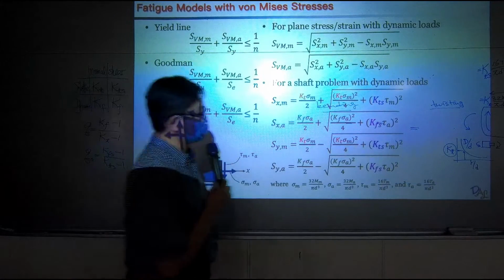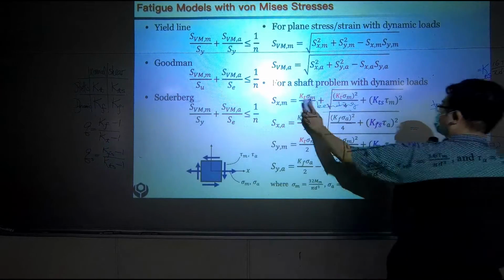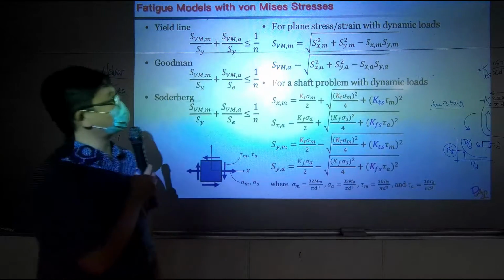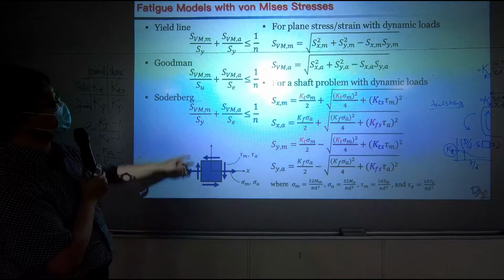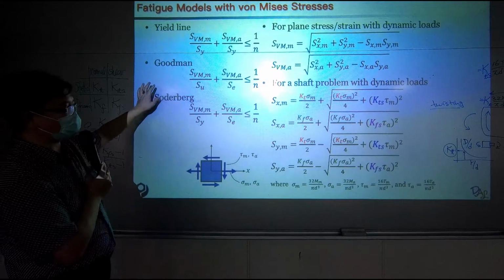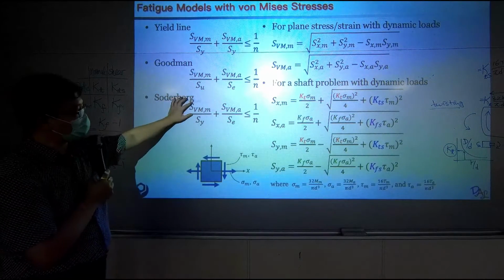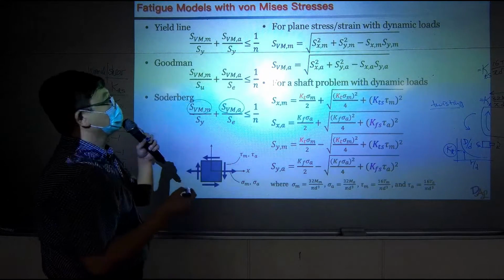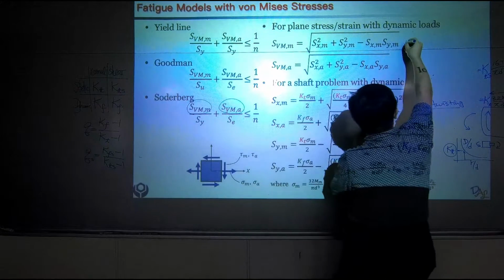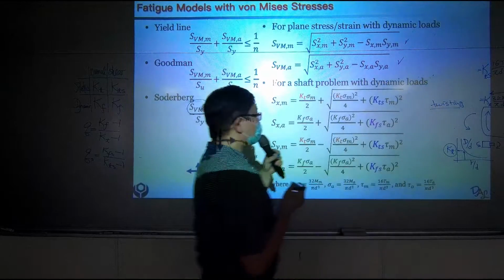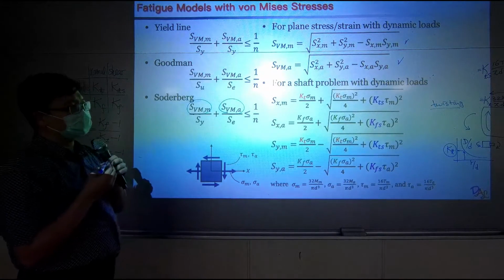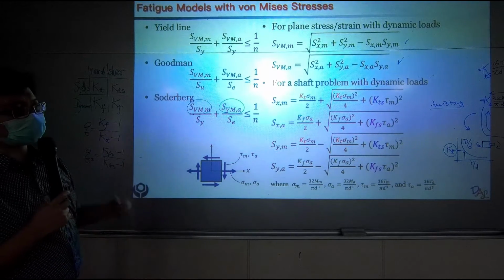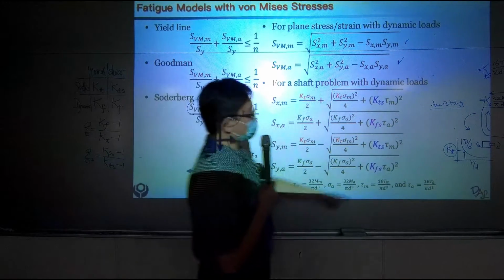How about fatigue? For fatigue problems, those are our fatigue models. And we said we apply von Mises stresses. Those are the von Mises stress equations. But now we are dealing with possibilities of greater stresses, like this one.